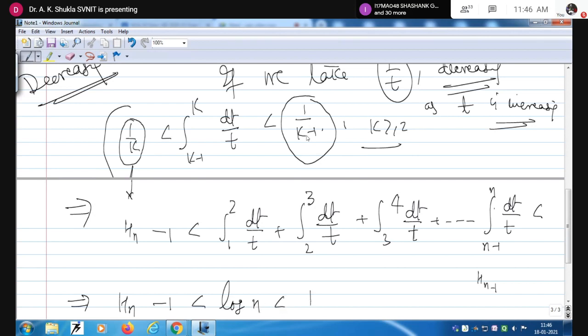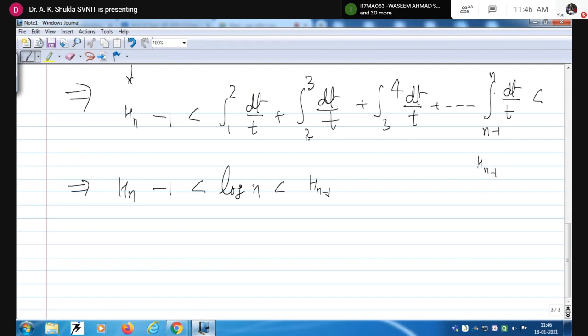And here you can write now as n minus 1, at n minus 1. So it means, which implies hn is this, minus 1 is this, this is your log n, and this is your n minus 1 is this.